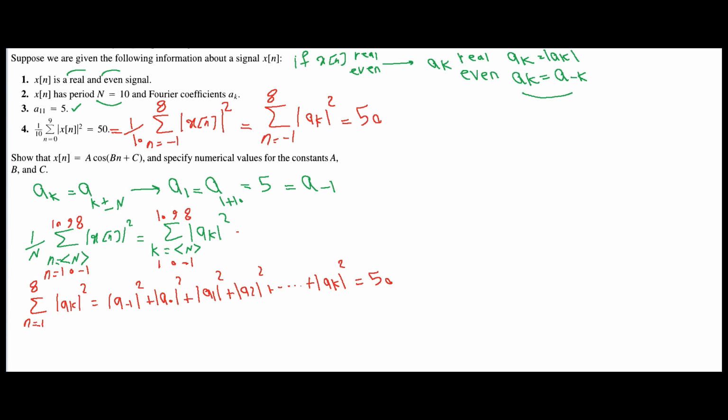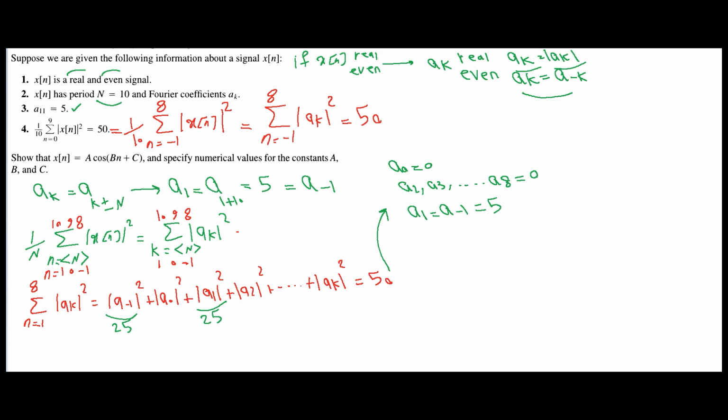This entire sum is equal to 50. We already know that a_{-1} equals 5 and a_1 also equals 5. Their squared magnitudes are 25 and 25. Together, they already add up to 50. Therefore, all the remaining Fourier series coefficients must be equal to 0.